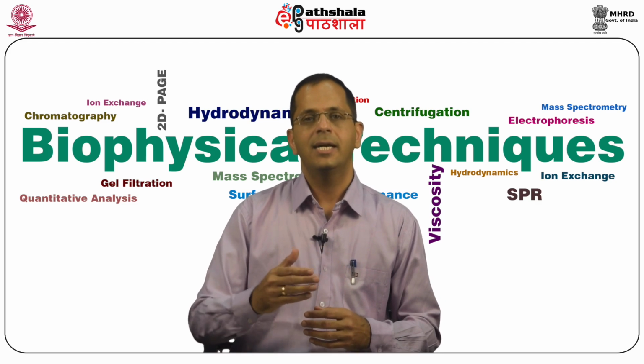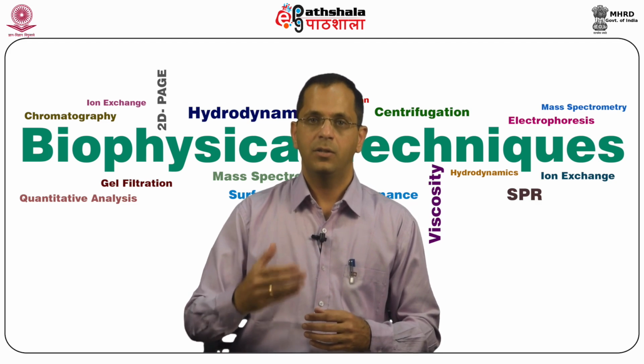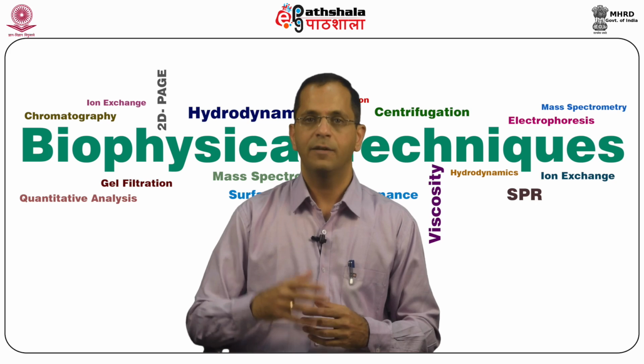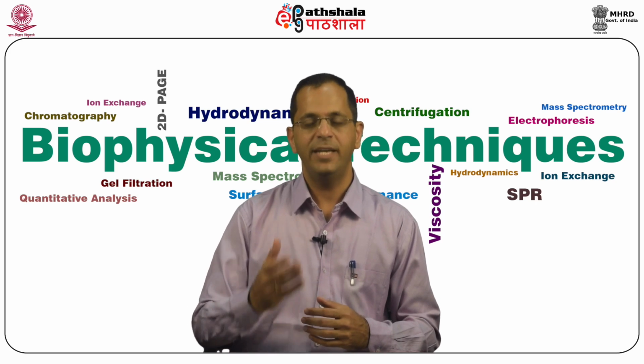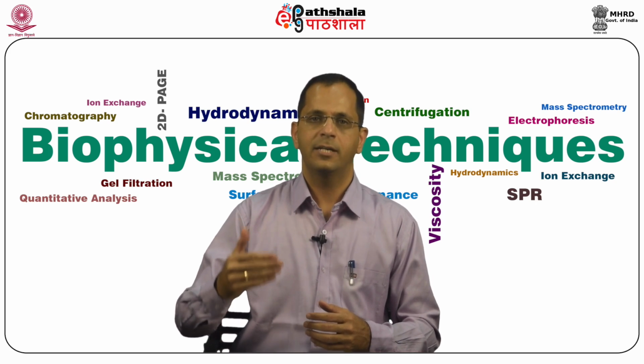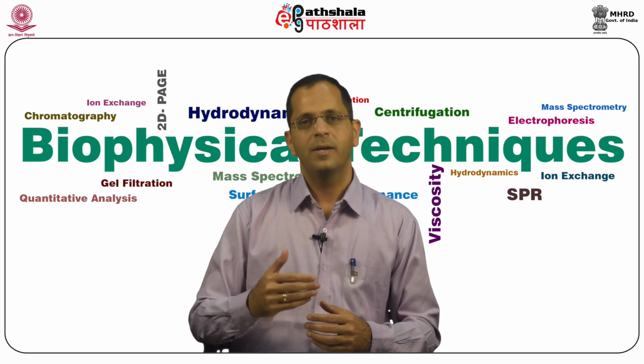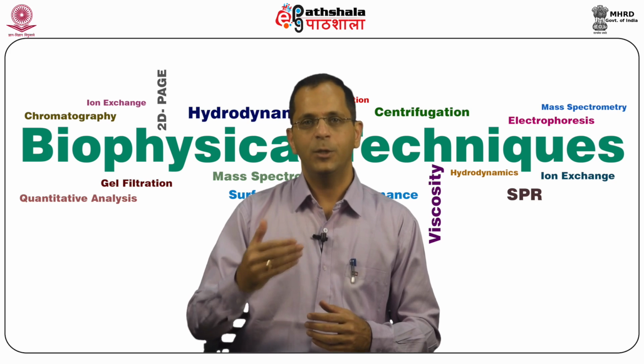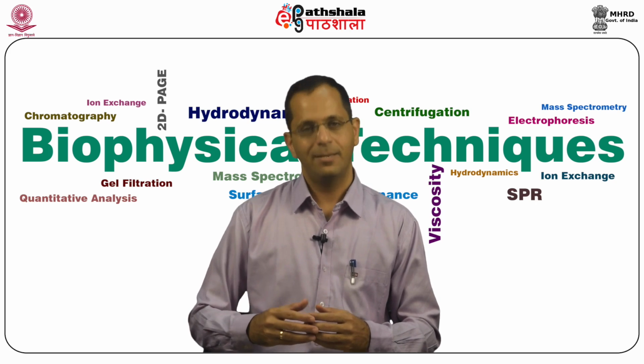This has a direct implication on the quality of experiments, the flow of experiments, and finally the accuracy with which you are addressing a particular research question. So let us see what we can do to have a good proteomic sample.